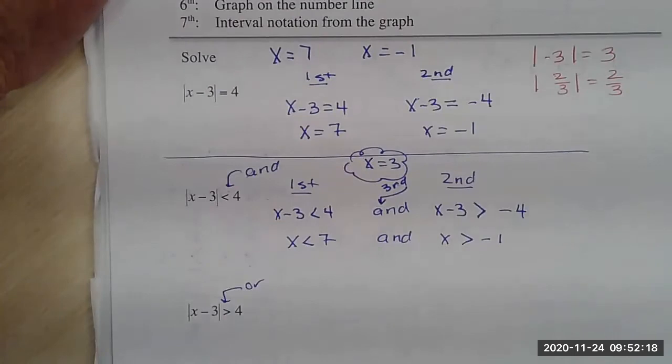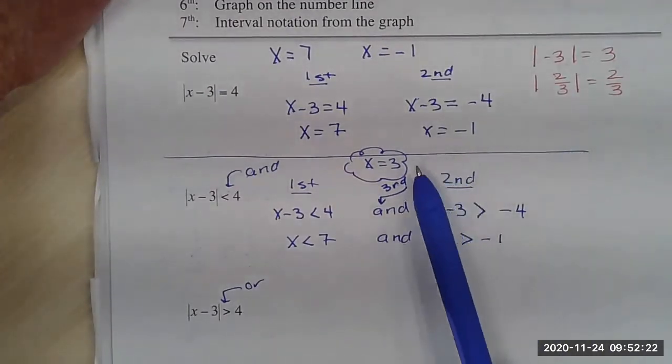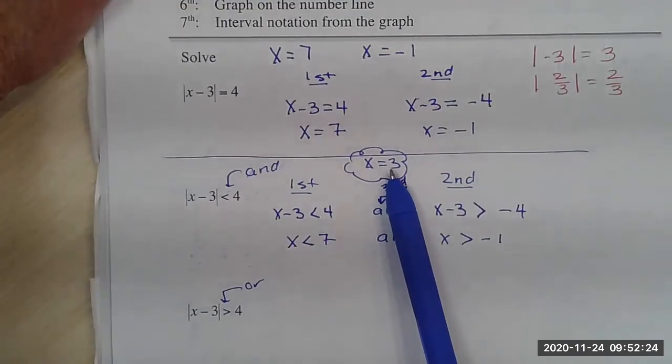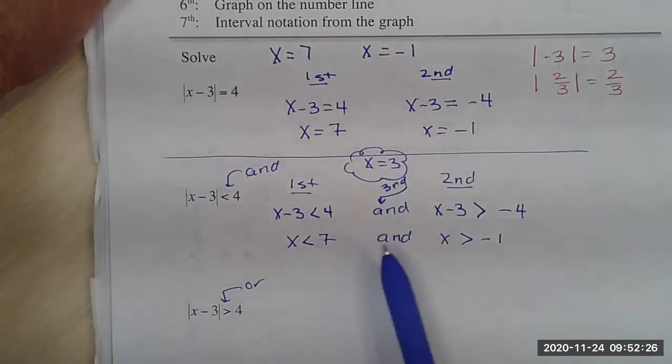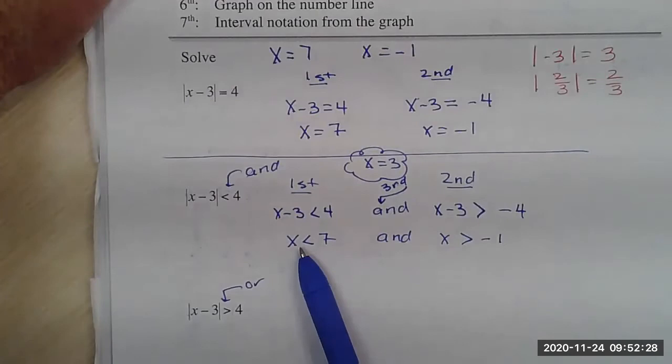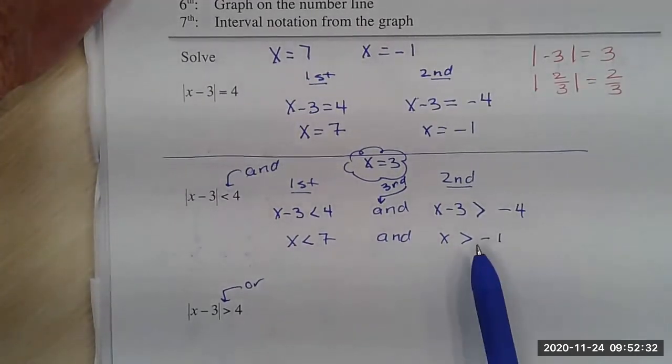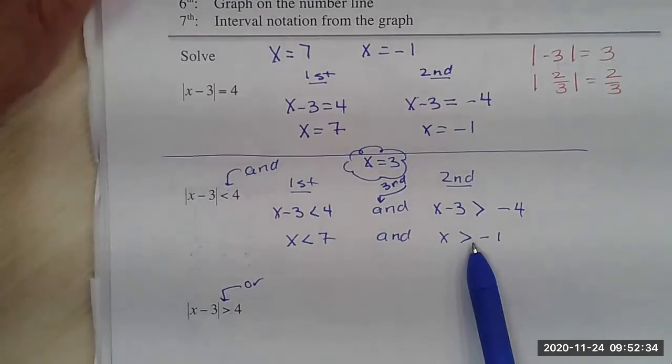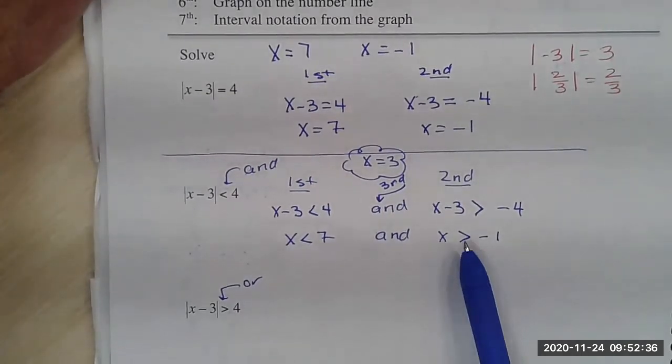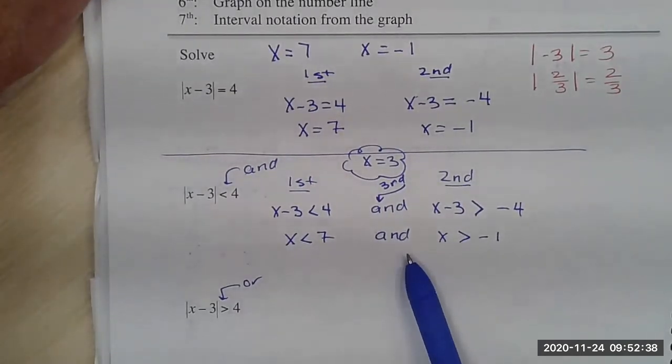Now, the number 3. Zach gave me the number 3 and it worked originally. Put the number 3 and check it over here. Is it true for this one, and is it true for this one as well? It has to be true for both. The word and means both.